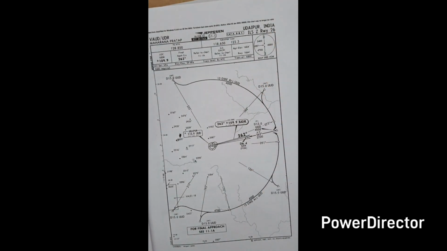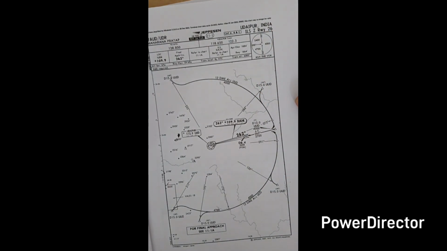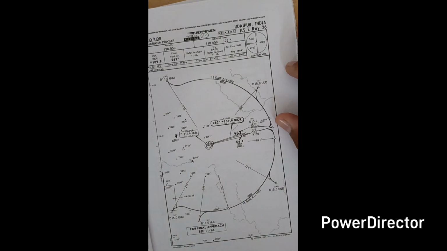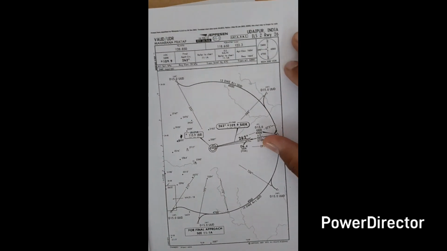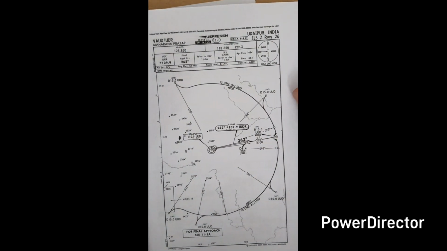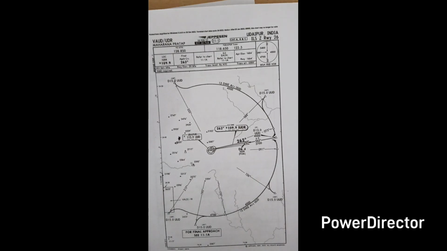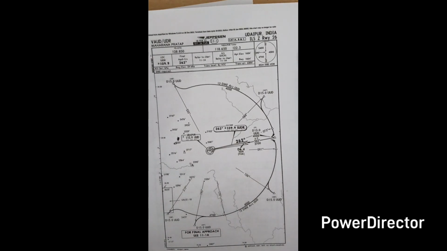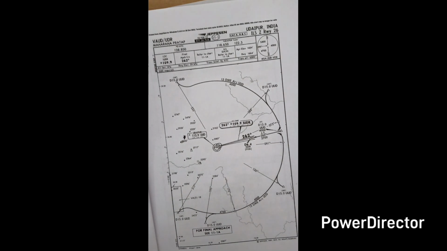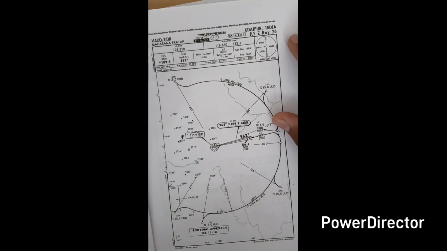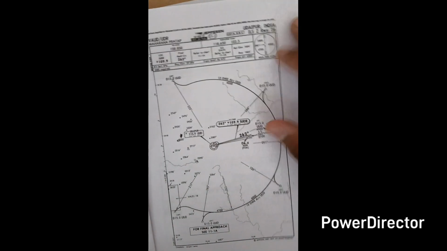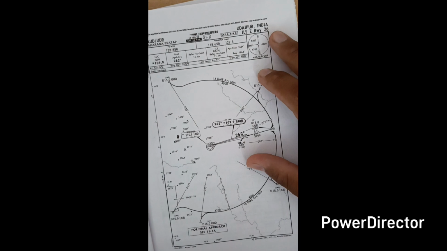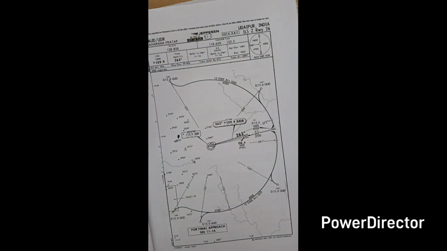What is the purpose of approach plates? Now, approach plates are of different variations. They allow you for instrument departures, they allow you for arrivals, they allow you to make precision, non-precision approaches. So it can be used in various different ways, right? Coming to one of the points that I just told, what is precision and non-precision? So precision approach is basically where you have lateral and vertical guidance.